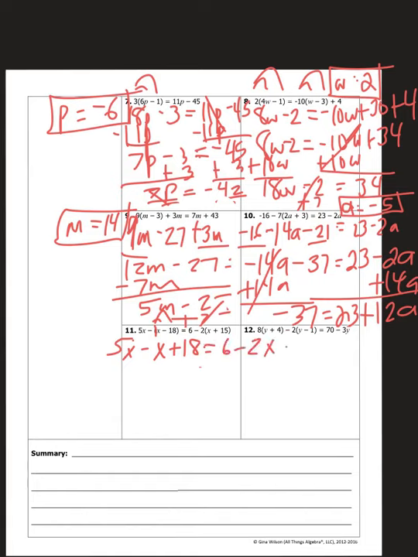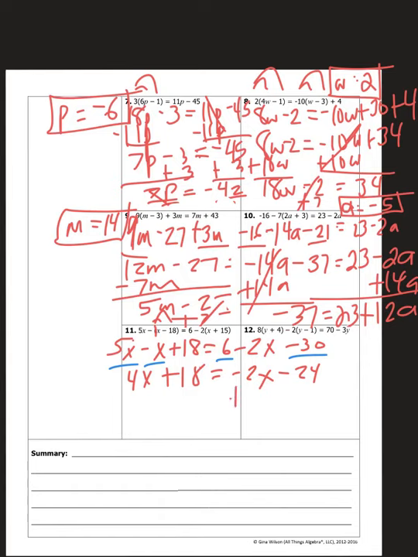2x minus 30. Okay, combine like terms. 5x and negative x, 6 and negative 30. 5x and negative x is 4x plus 18 equals negative 2x, and 6 minus 30 is negative 24.